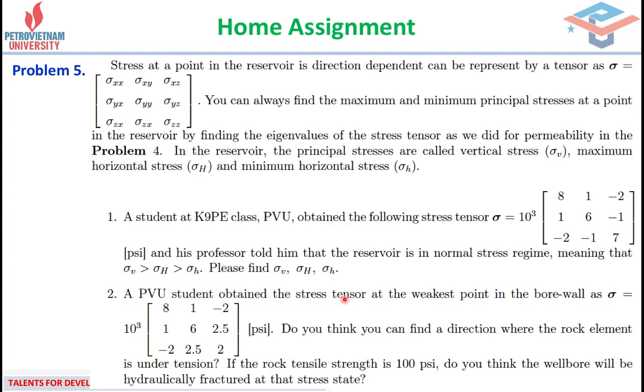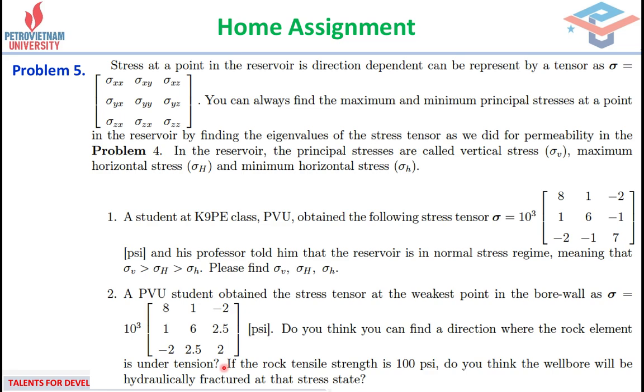Also, a student obtains a stress tensor of a point; this is the weakest point on the bore wall of a well, given by this stress tensor. My question to you is, do you think this element is under tension or under compression? If it's under tension, then do you think the wellbore will be hydraulically fractured at this stress state?